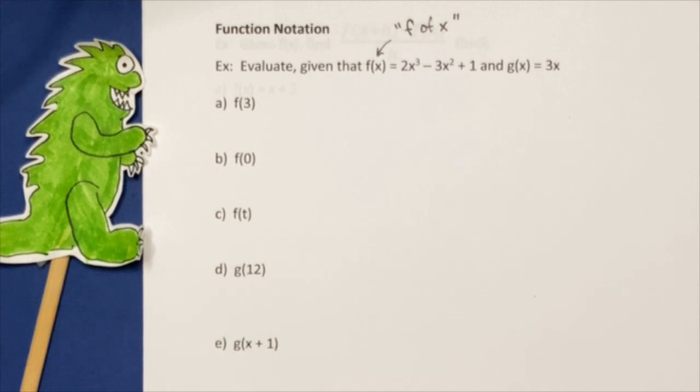So I'm going to tell you that f of x is 2x cubed minus 3x squared plus 1. So that's the pattern that I'm going to name f, which comes from, I assume, some version of function, although I don't know whether it was originally in English or not.